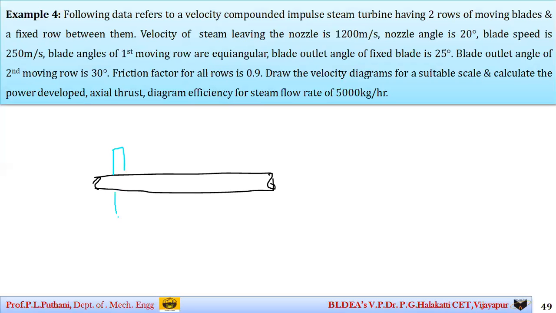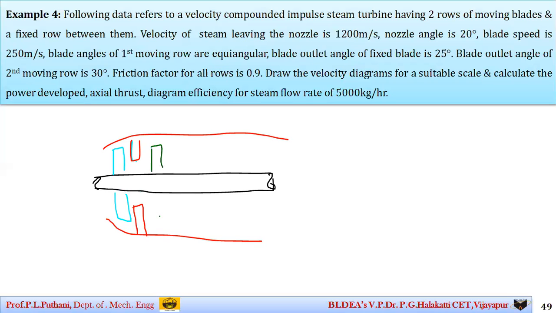Then behind this I have some fixed blades, which are fixed to the casing. So this is my casing part. Then beyond this, again I have the next set of moving blades, and again behind this I have fixed blades fixed to the casing.